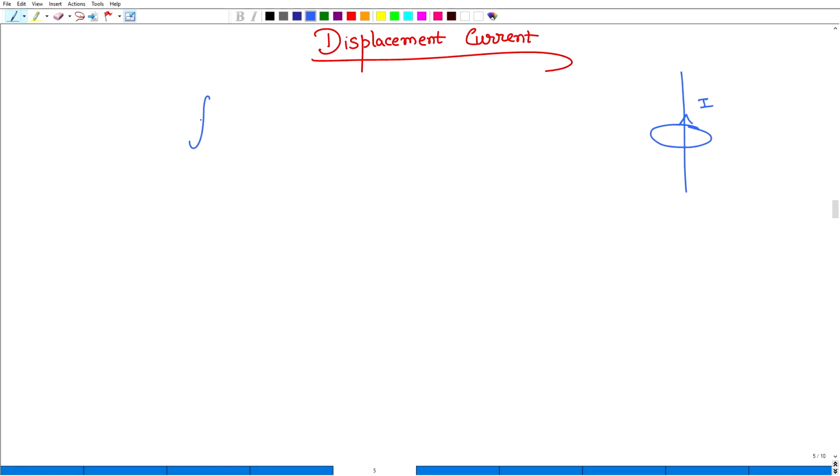So what is that? B dot dl is mu naught I, it was there, he added one more term which is I D. This is called the displacement current.